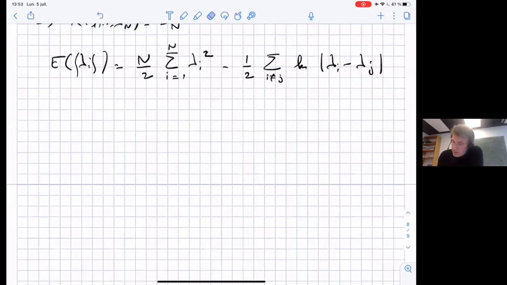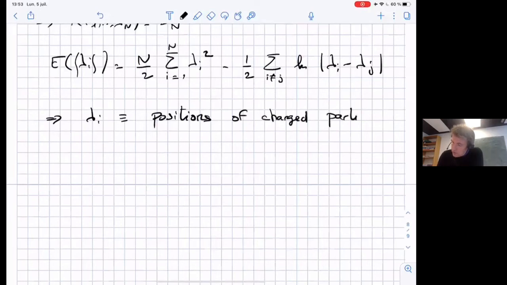Again, this provides a very nice interpretation in the sense that I just want to see the lambda i's as the positions of charged particles interacting via the log potential.